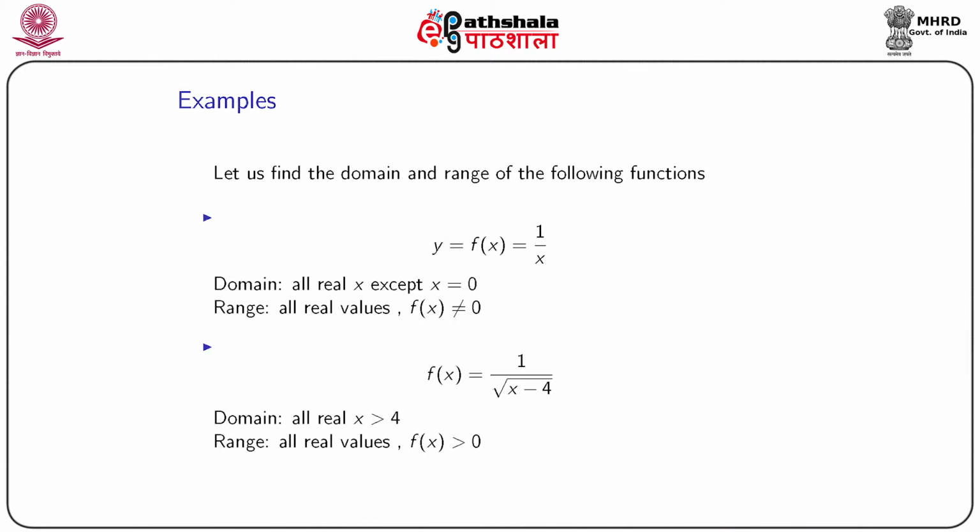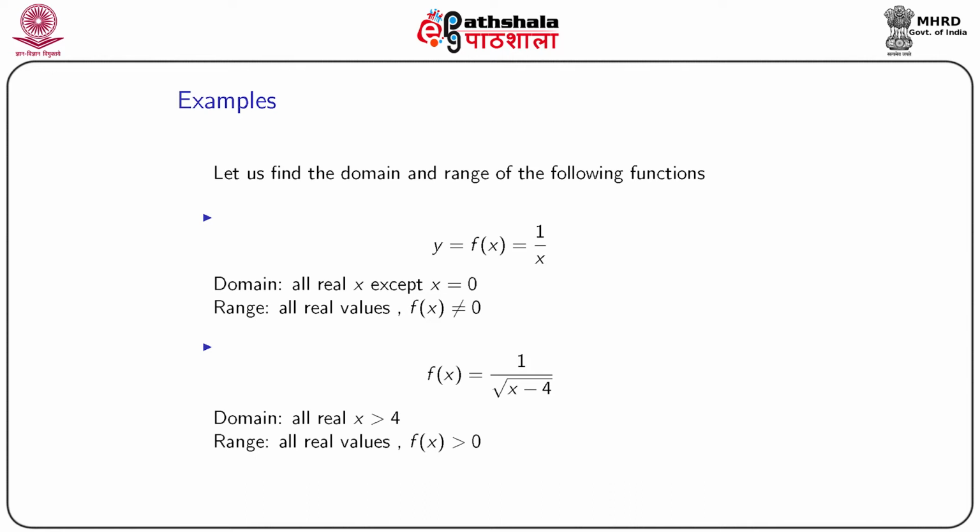Let us consider a few examples. Suppose the function is the reciprocal function y = f(x) = 1/x. Now if you are asked to find the domain and range, it's not very difficult to obtain. Now this function 1/x is valid for every value of x, I am talking about real values, except x = 0.